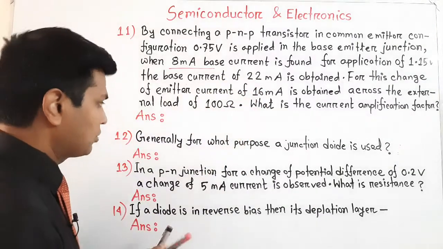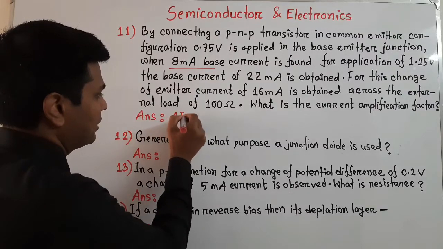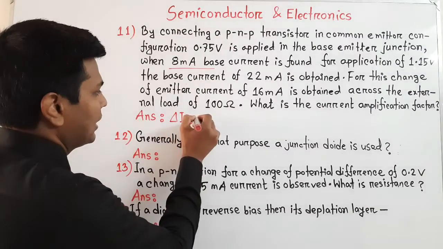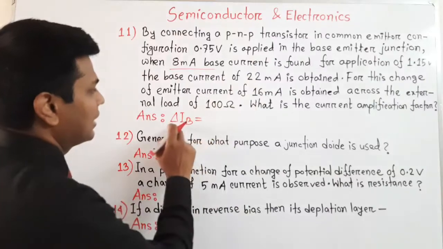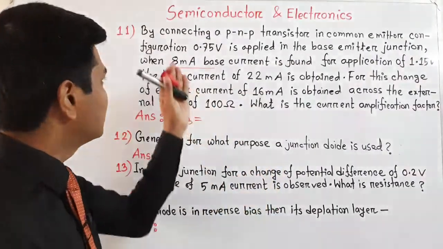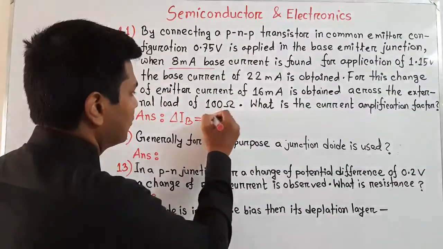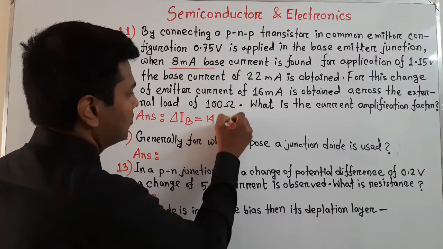So first of all we have to calculate the change of base current. So change of base current will be del IB, and del IB will be the subtraction of 22 milliampere minus 8 milliampere. Then after subtraction we get here 14 milliampere.